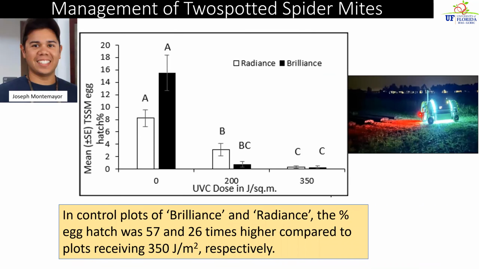A study conducted by my student examined the efficacy of ultraviolet C radiation in suppressing two-spotted spider mite egg hatchability. UVC is applied at night at 2 doses, 200 and 350 joules per meter square in both Radiance and Brilliance strawberry cultivars.